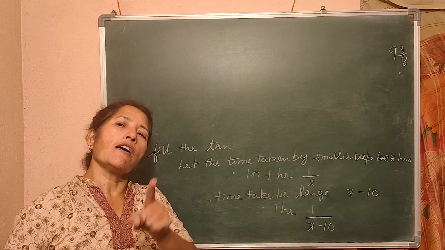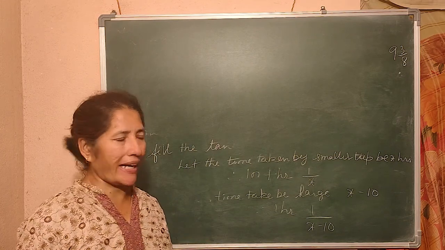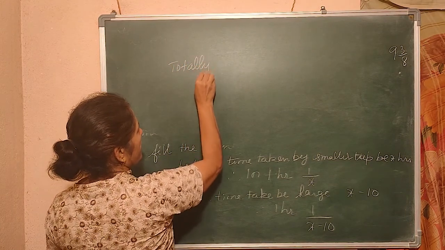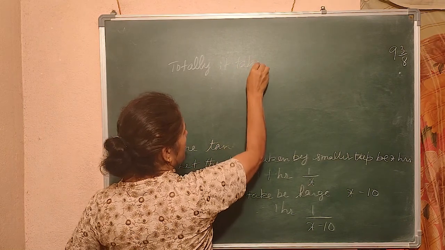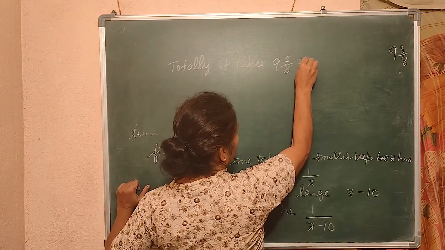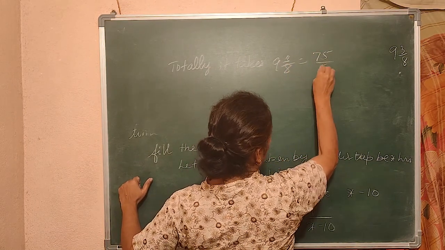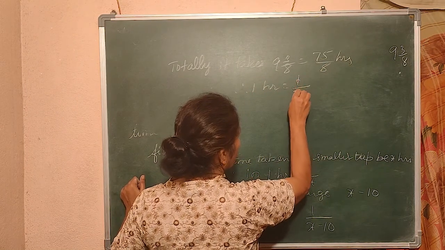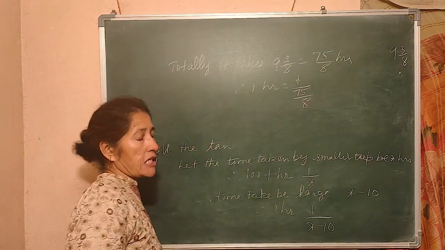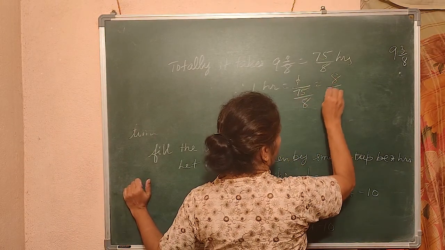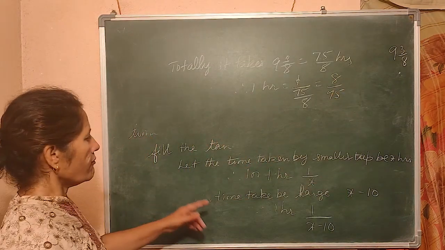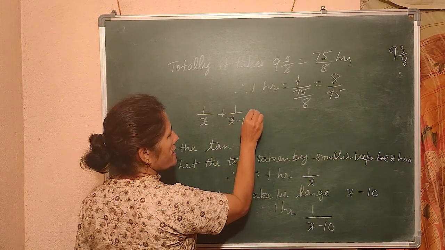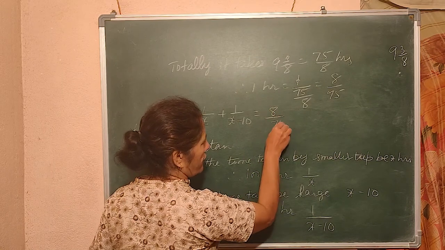So in 1 hour, 1 by 9 by 8, right? So I write, totally it takes 9 3 by 8 hours, which is equal to 75 by 8 hours. Therefore, in 1 hour, 1 by 75 by 8 part of the tank is filled, that is 8 by 75. So I write 1 by x plus 1 by x minus 10 is equal to 8 by 75.